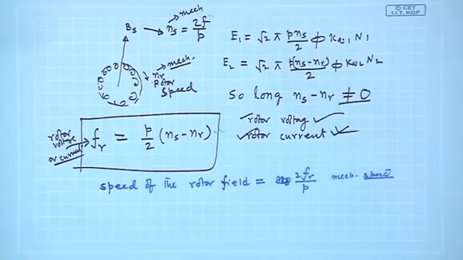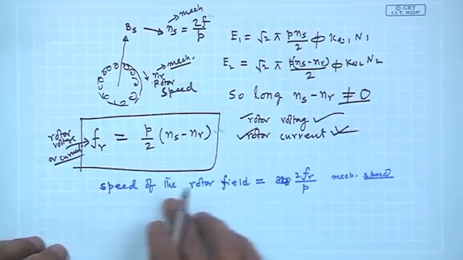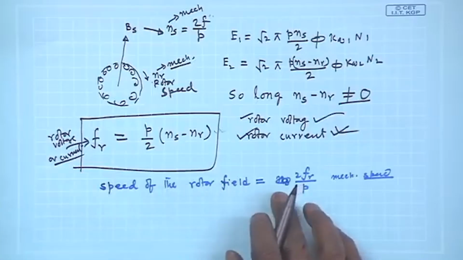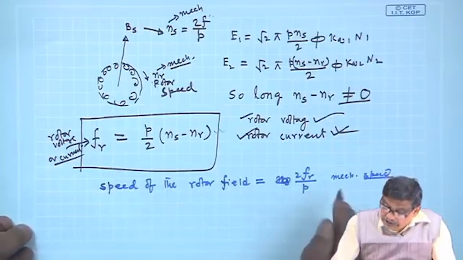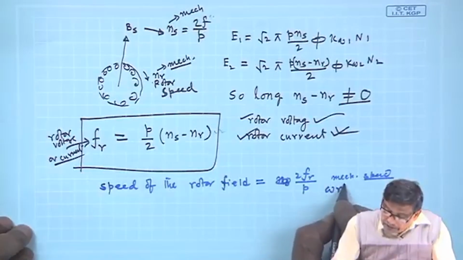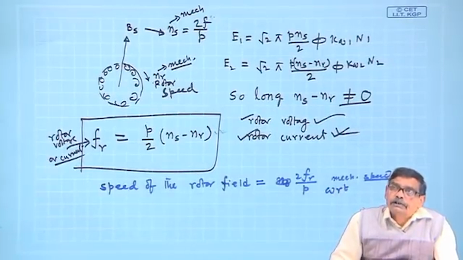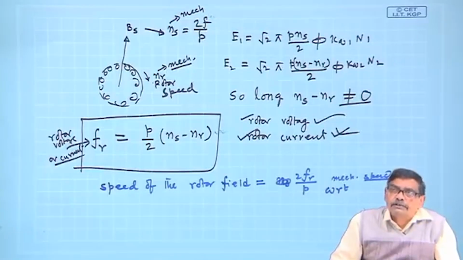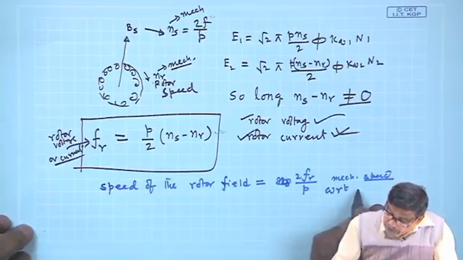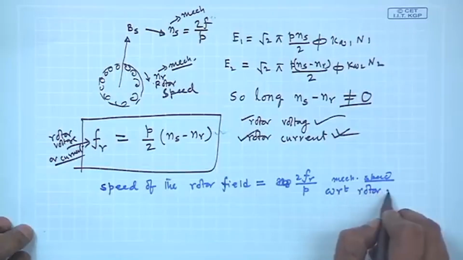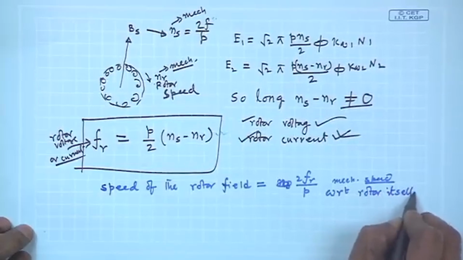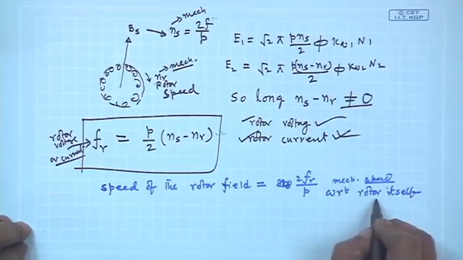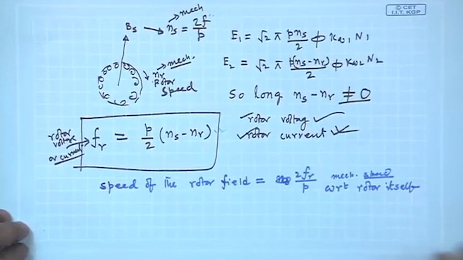Now, the moment I write this, I must attach a rider to this. With respect to whom? With respect to the structure which houses the 3-phase winding, which is the rotor body. So, this speed is 2 f r by p with respect to the rotor itself.